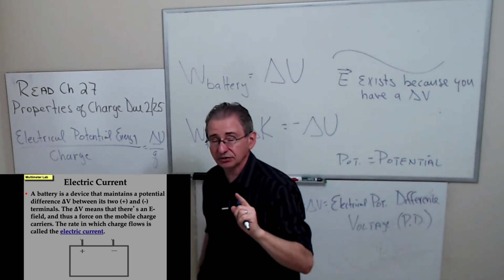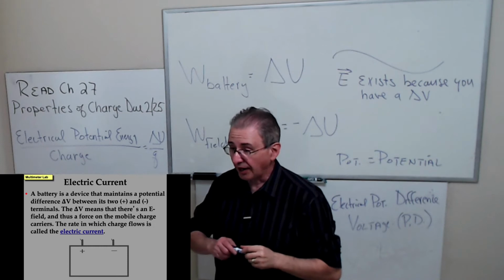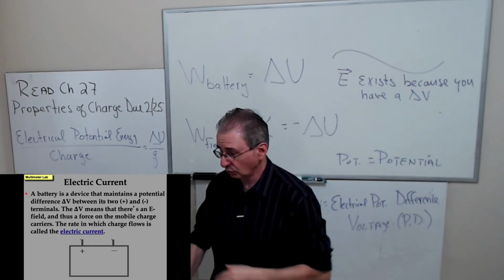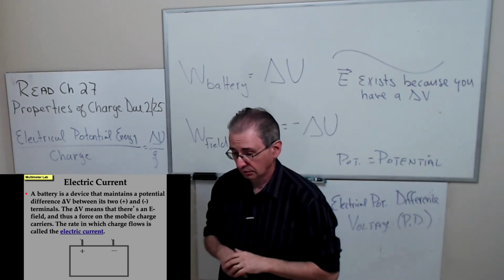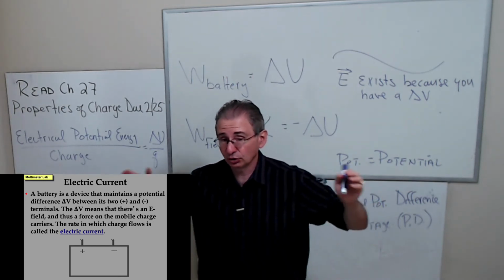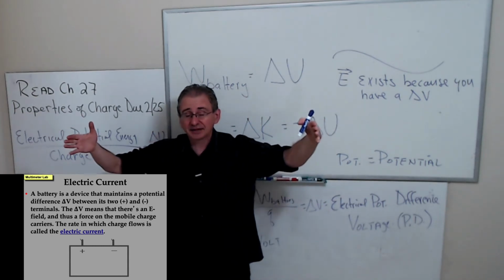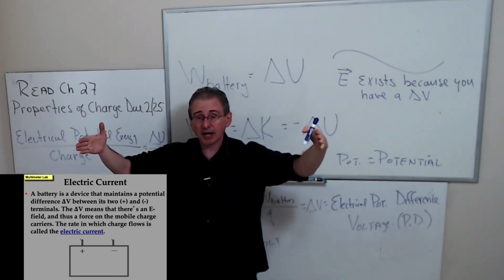An analogy to that is, you think about what gets air to flow. What produces the wind? It's a pressure gradient. If you have a change in pressure between my two hands, air is going to flow between my two hands.